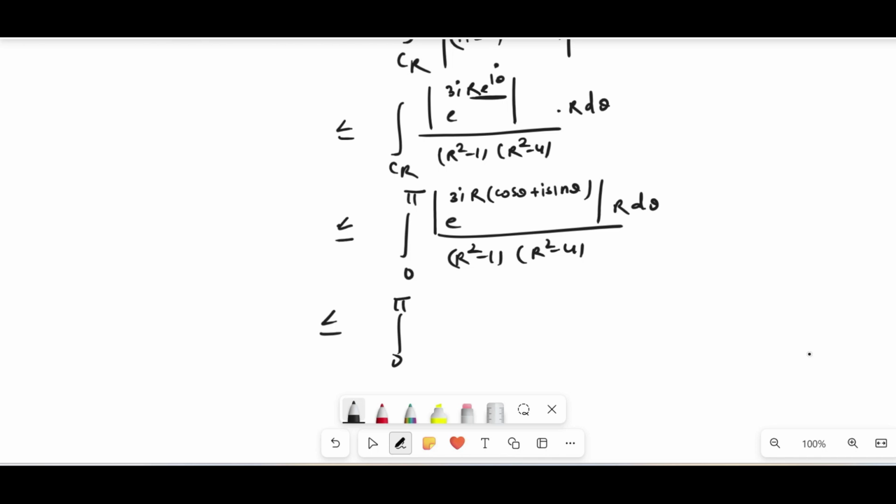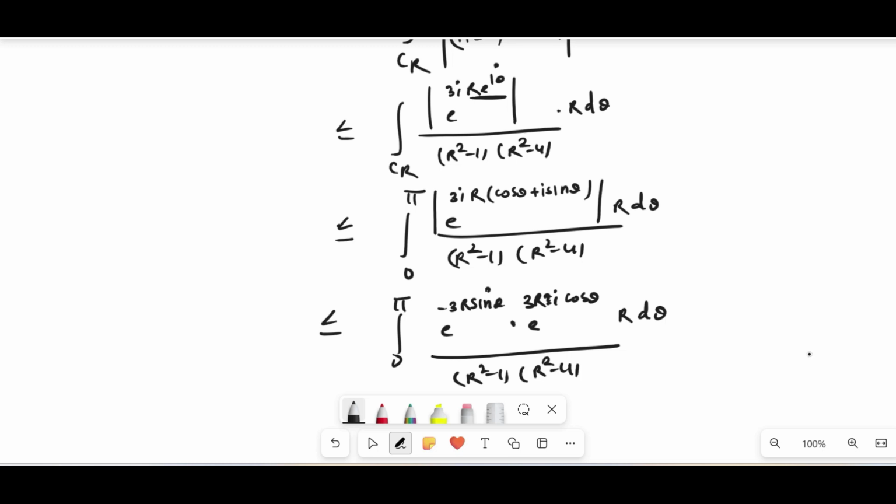So we can write e to the power of negative 3r sin theta dot e to the power of 3ri cos theta, r d theta over r square negative 1 and r square negative 4.